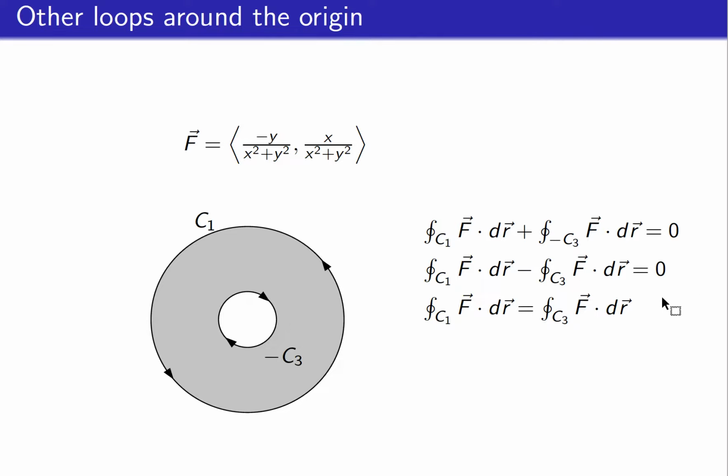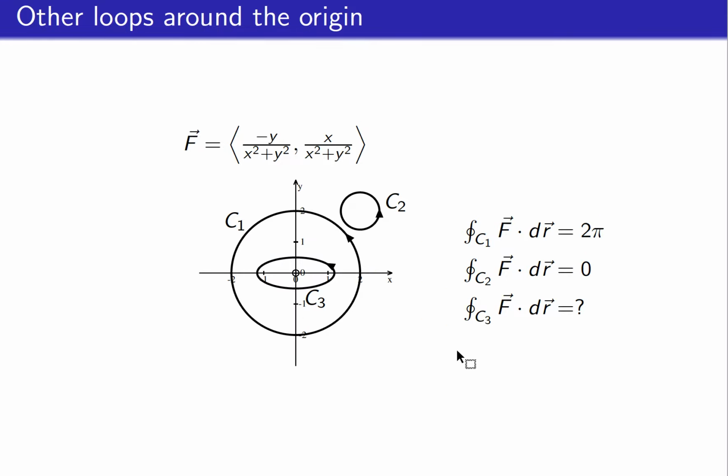And then just moving this to the other side of the equation, we see that the integral of C1 and C3 are the same. So notice that they're both going around the origin. They're both going counterclockwise, and so this is 2 pi. So this one must be 2 pi as well.